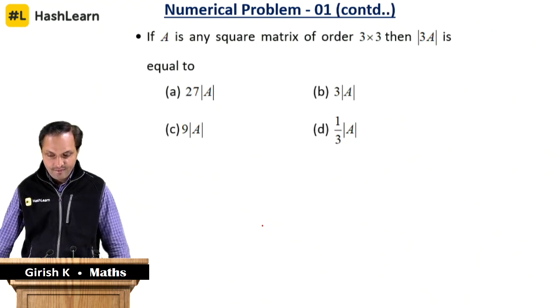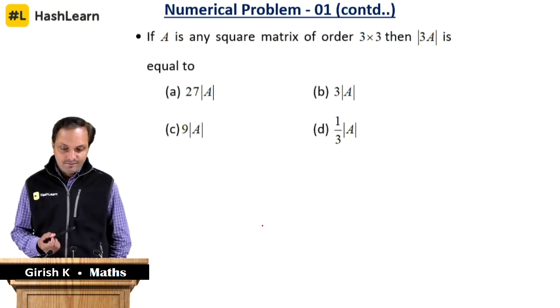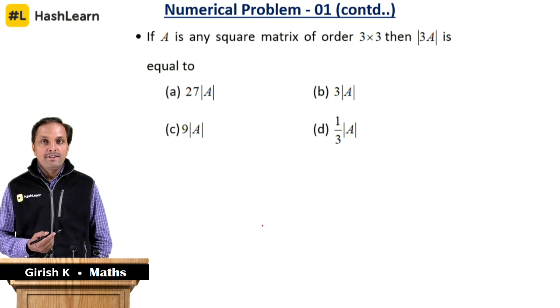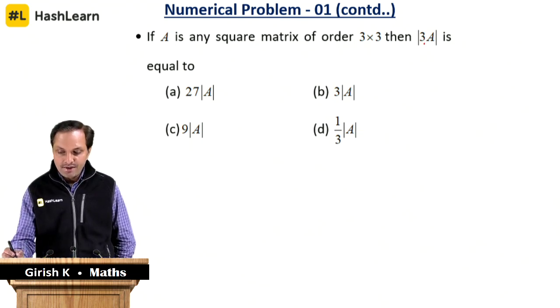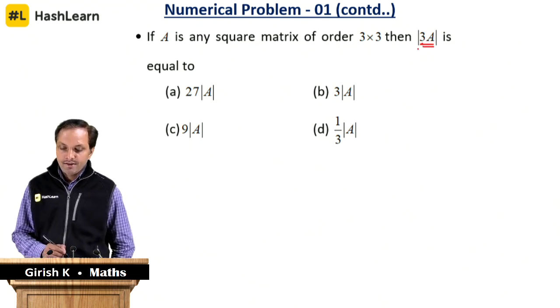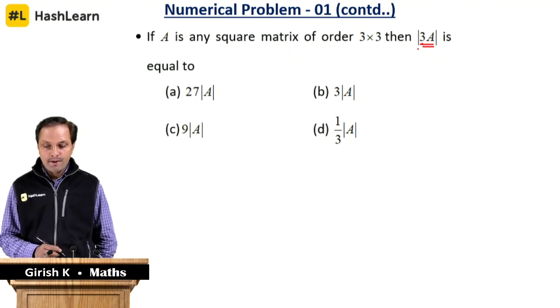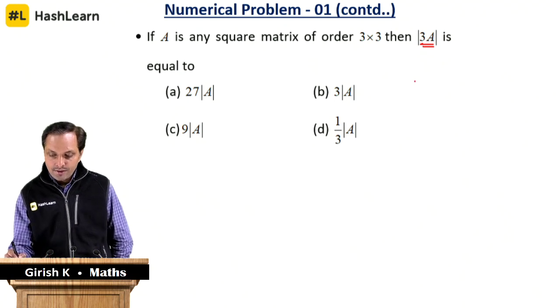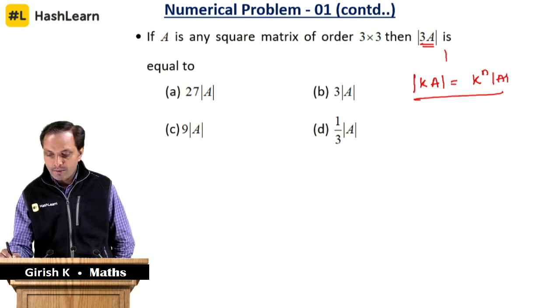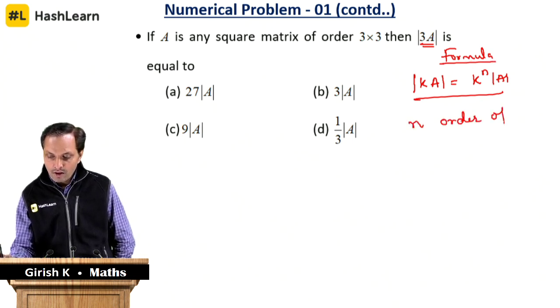Okay then. Here A is a square matrix of order 3 cross 3, and what is determinant of 3A? Okay, see, you know the formula. So determinant of k into A is k to the power n into determinant of A. This is the important formula which you can remember, where n is the order of a matrix.